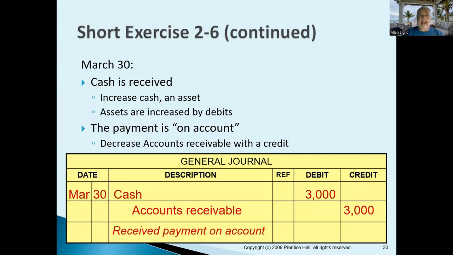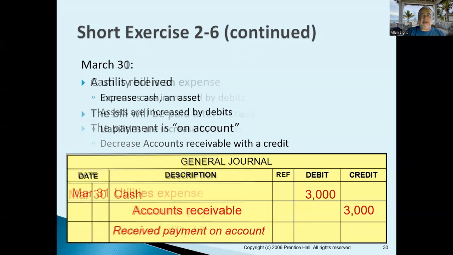So that's got to be a minus to the accounts receivable. So I'm going to have the debit to cash to increase that and a credit to accounts receivable because I'm decreasing it. Okay. These are both assets. I'm increasing this one, decreasing this one. So this is a debit. This is a credit. Received payment on account. Okay, so they paid me $3,000 out of the $4,000 they owe me.